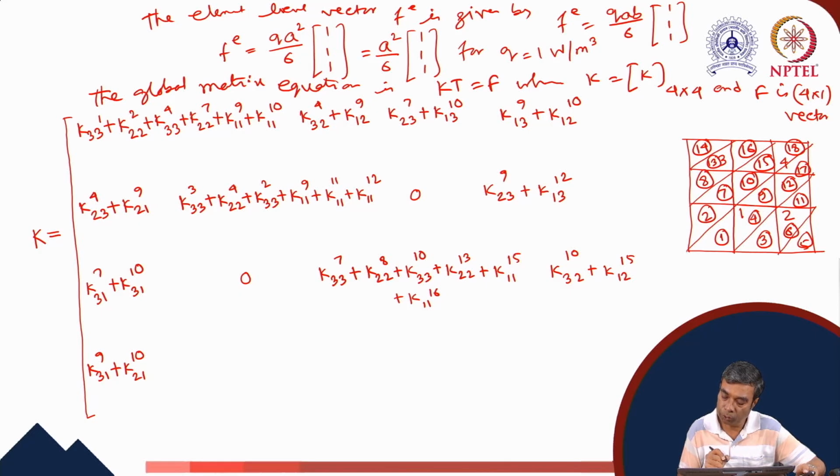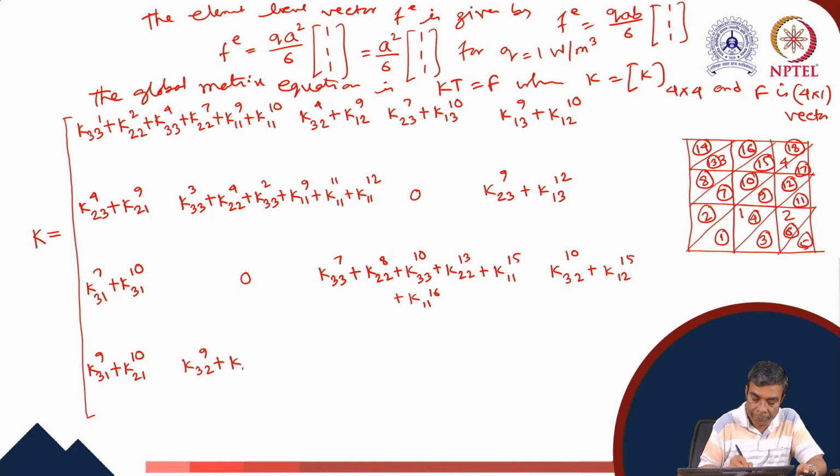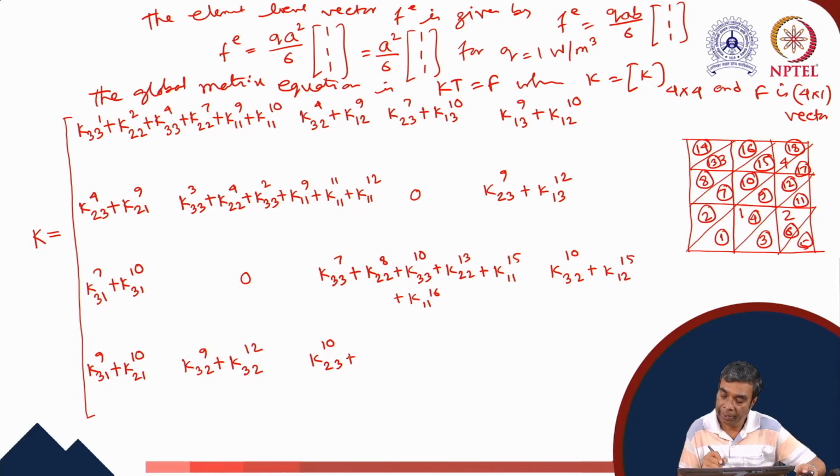So K42 equals K329 plus K3212. Now K43, this will be contributed by elements 10 and 15. So K43 equals K2310 plus K2115.